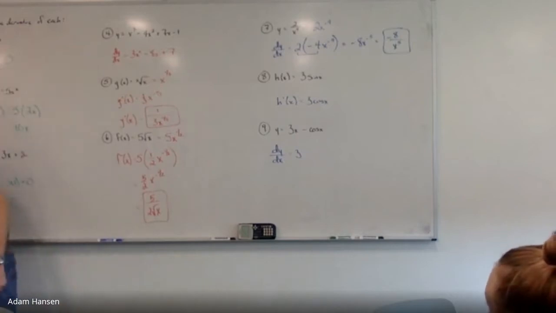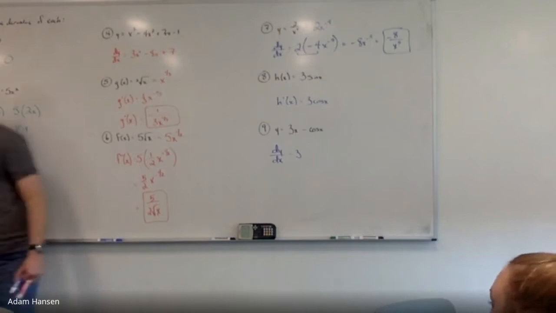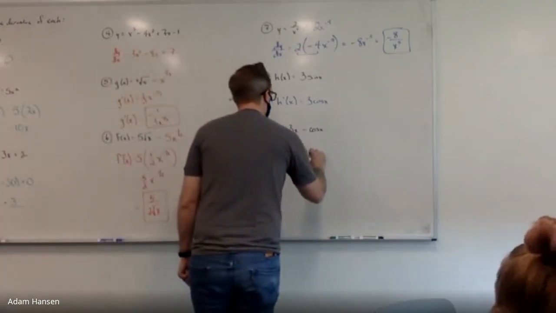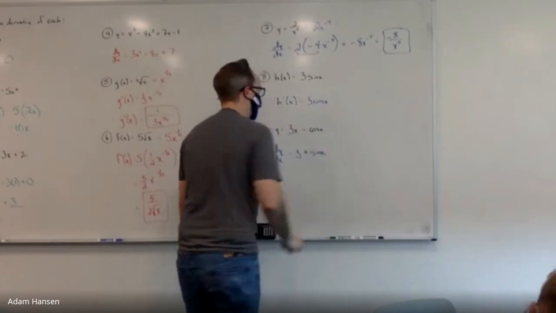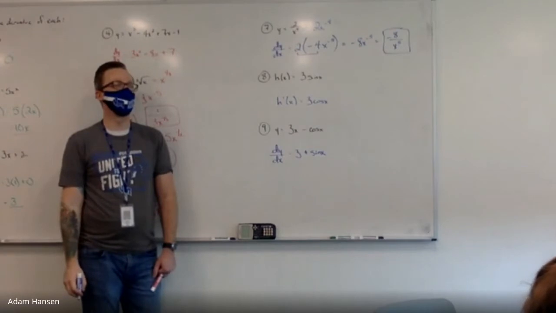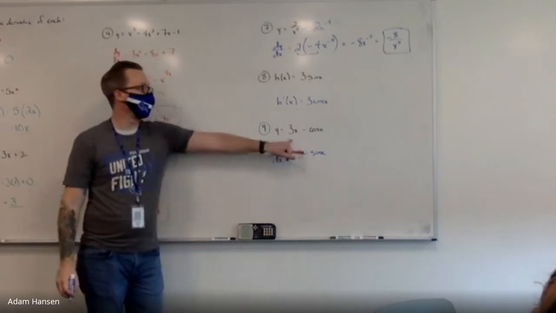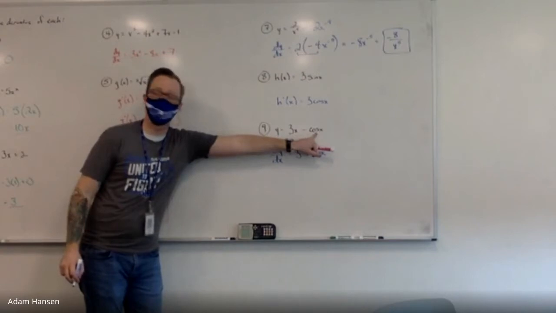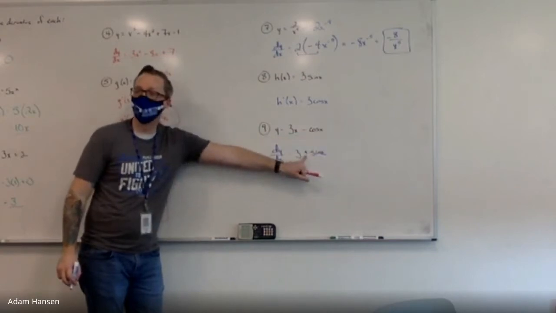If the derivative of cosine is negative sine, what's the derivative of negative cosine? It's just the sign, be very careful. So 3 plus sine x. It's really 3 minus negative sine x, because if the derivative of cosine is negative sine x, that double negative makes it positive. You see that?